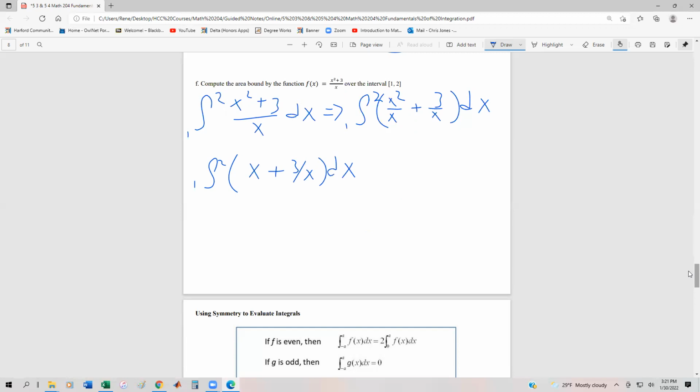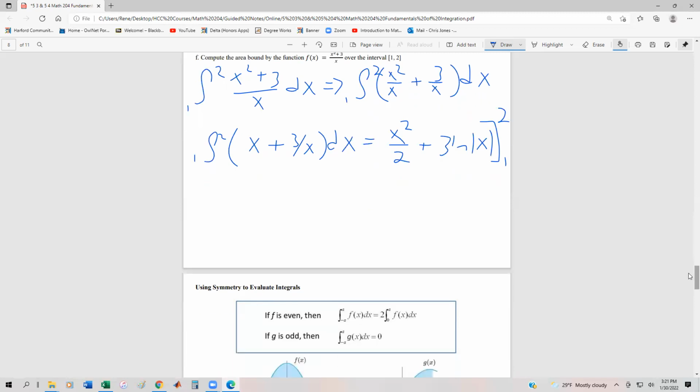Now we can go ahead and take the antiderivatives. We know that the antiderivative of x, we add 1 and divide by the new exponent. 3 over x is going to be 3 natural log. So we get x squared over 2 plus 3 ln of x, ranging from 1 to 2. Now we can substitute 2, substitute 1, and then evaluate.